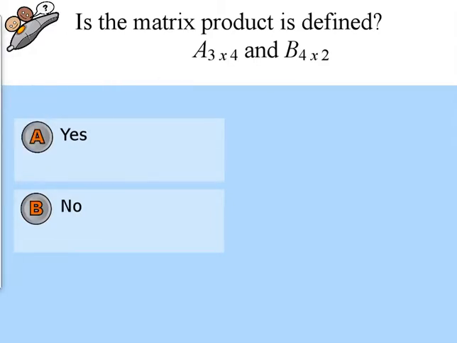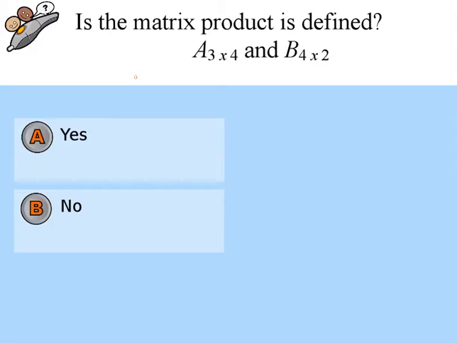Based on what I told you, I want you to answer yes or no. Okay, so go ahead and take a guess. Let's go ahead and see what the answer is.